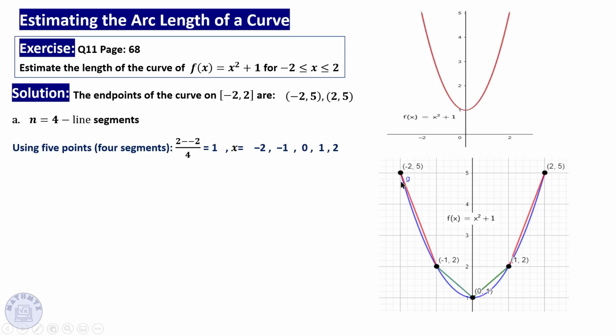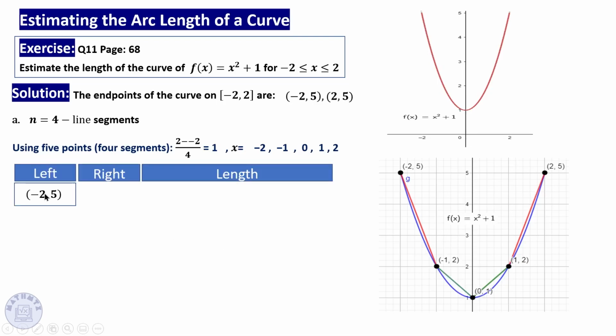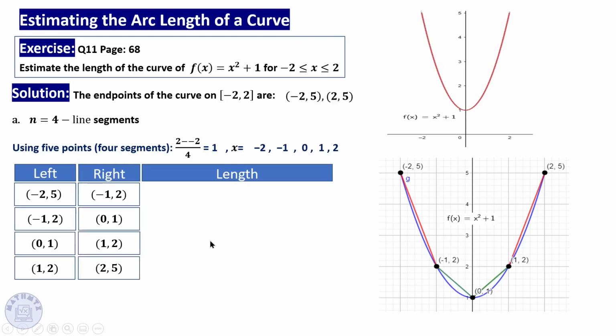What I'm going to do now is calculate the distance for each one of these intervals. Let's start with the first one, from -2 and 5 to -1 and 2, and just apply the formula for the distance for each one of these line segments. Here's the length for the first one.